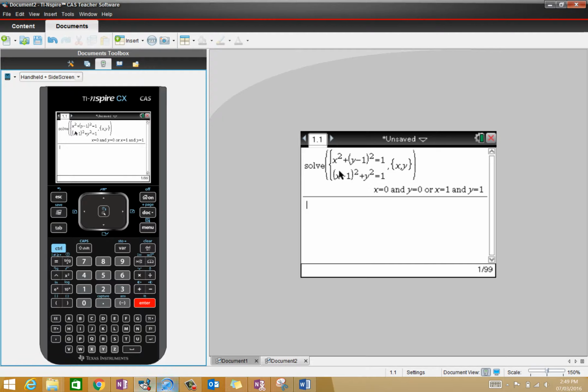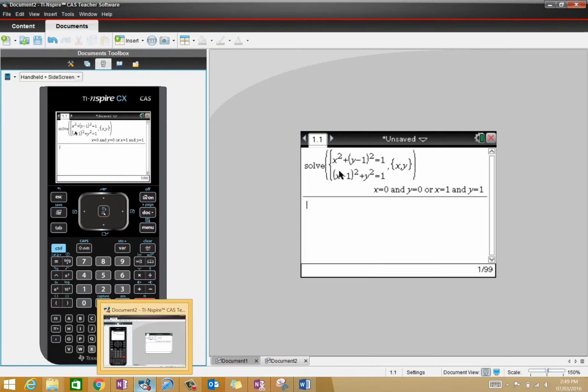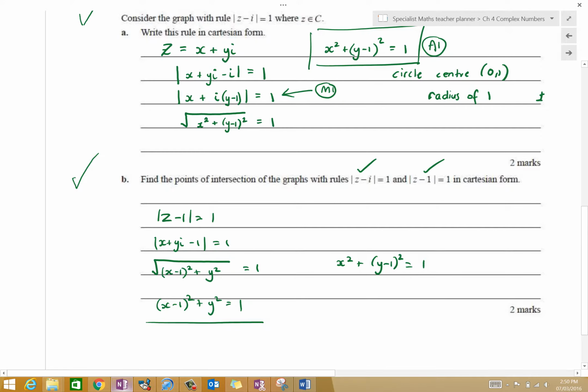So we do that in our calculator. You'll probably find, however, so I've done a little bit of working, maybe there's a method mark involved. You'll probably find that what would suffice is if we said CAS, they intersect at (0, 0) and (1, 1).